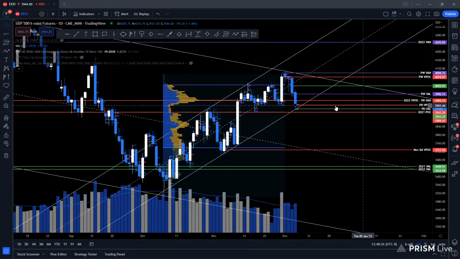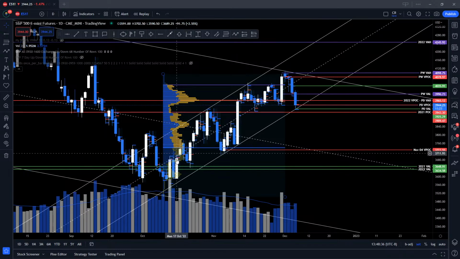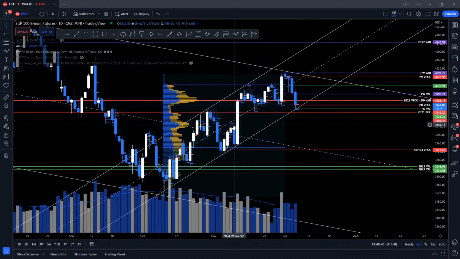It's kind of hard to see because we have the 2022 VPOC there. But our POC is right here. And this is kind of a P-shaped volume profile, which basically in an uptrend will indicate a reversal, which is exactly what we're seeing.